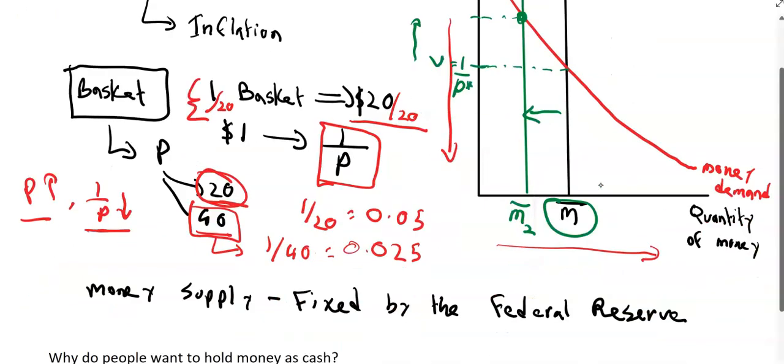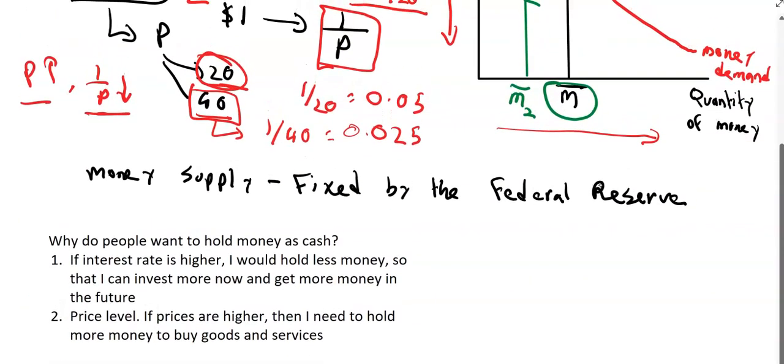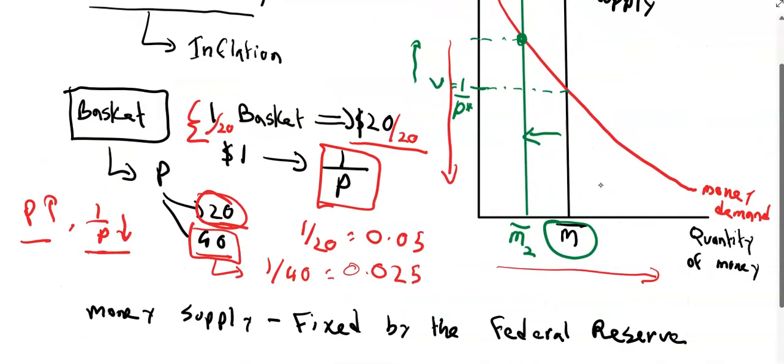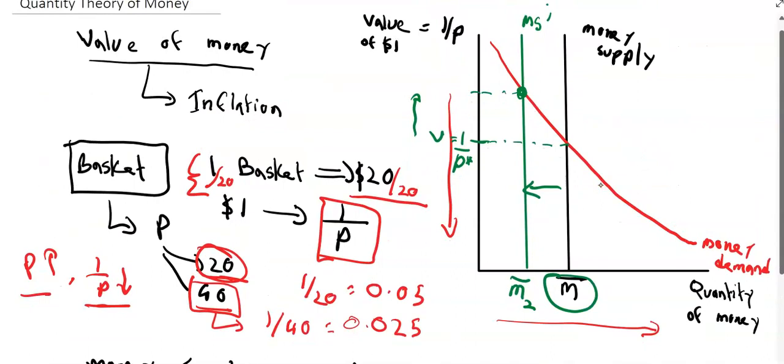So we can say that if money supply decreases, value of money increases, which means price level actually will decrease because now my $1 can buy more.